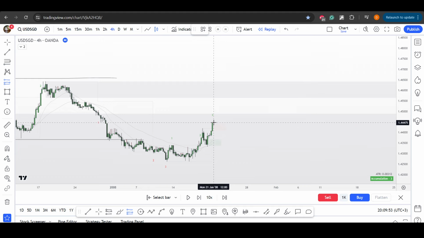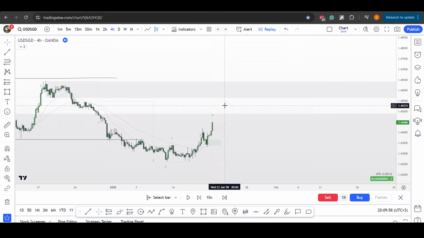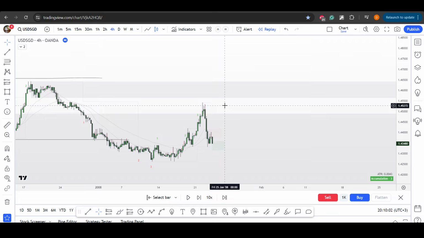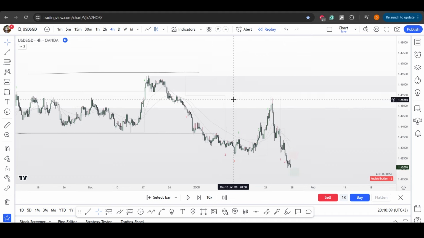Let's see if we will have, but we don't have a necessary risk to reward, so I will just leave the price action to develop. And now we have impulse, correction and impulse to the downside, but the condition is pretty rangy.